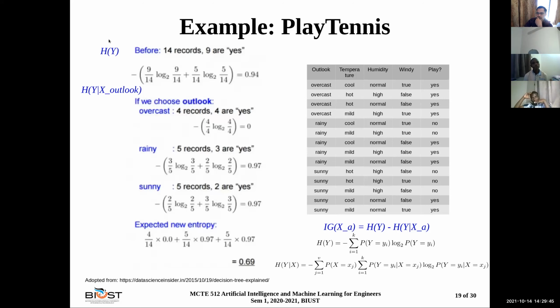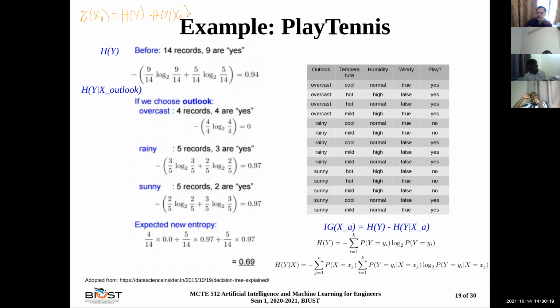solve the information gain. Information gain, as we know, is absolute entropy minus the relative entropy. So the information gain of, for example, X outlook is equal to the absolute entropy of the output, minus the relative entropy of the output given the attribute X outlook.